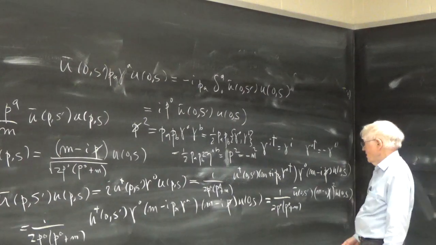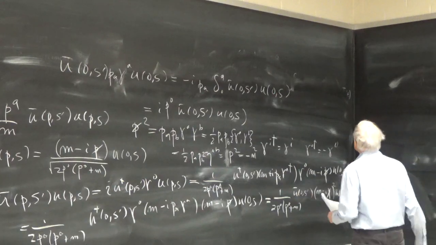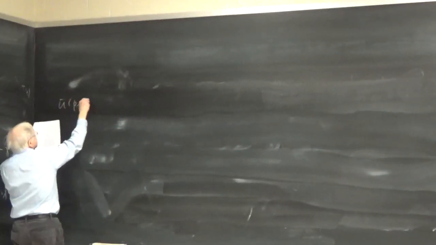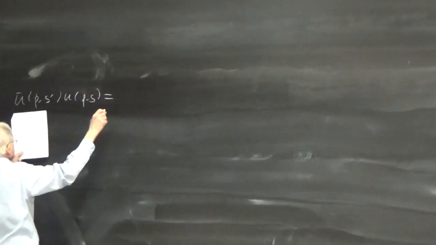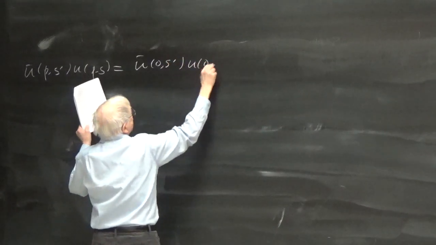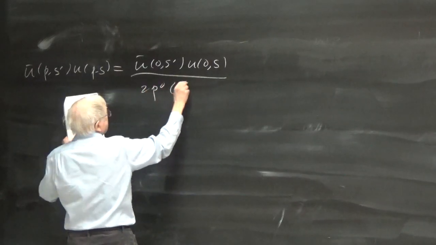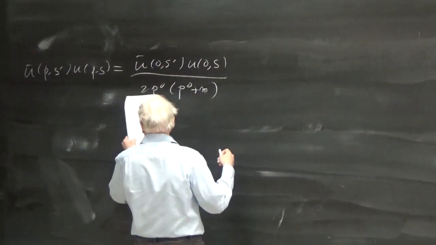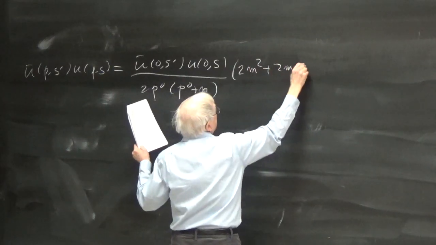Okay, so this thing we can simplify, and when we simplify it, what we find is that U bar of P S prime, U of P and S is U bar 0 S prime U of 0 S over 2P0 P0 plus M. This structure then gives us 2M squared plus 2M P0.